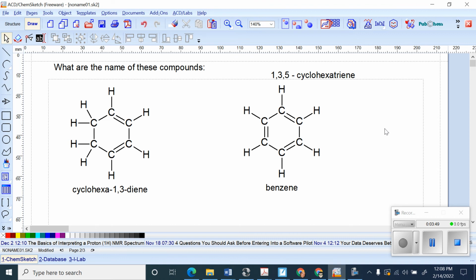Compounds containing benzene are called aromatic. There are many different ways you can depict benzene. Benzene is this cyclic structure.